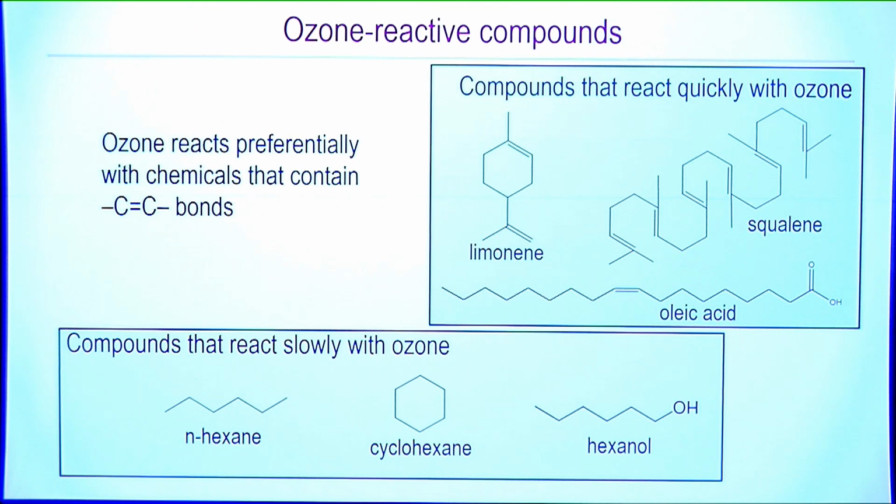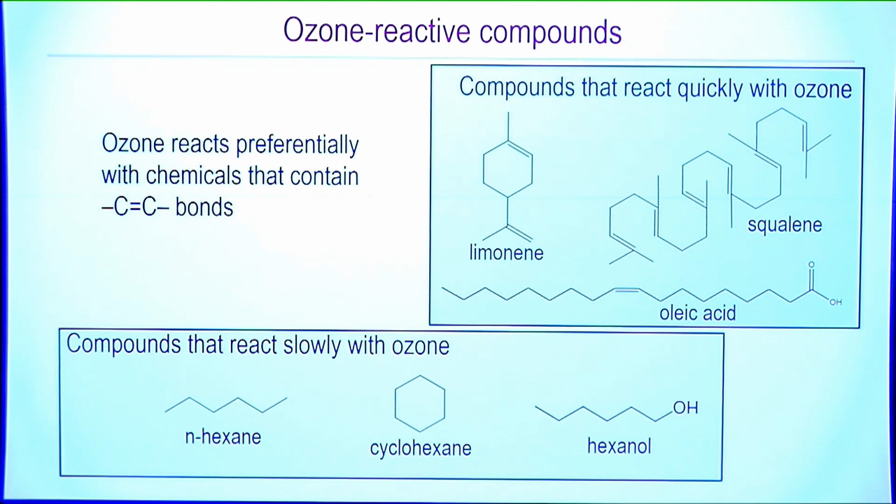Not all organic compounds in the air or on the surface react rapidly with ozone. Ozone likes compounds that have carbon-carbon double bonds. Examples, limonene. You see limonene, this scenting agent, it has a double bond in the ring and an external double bond. Squalene.